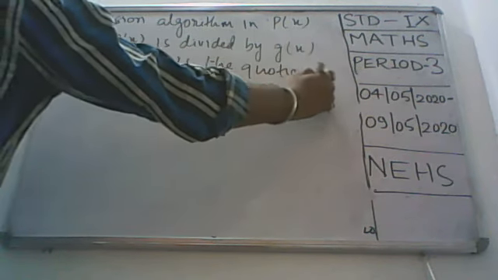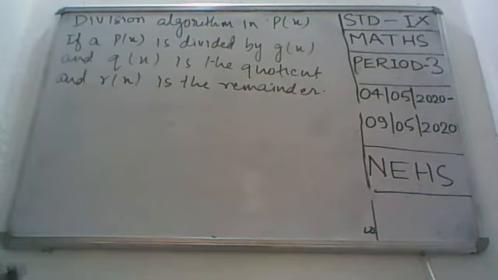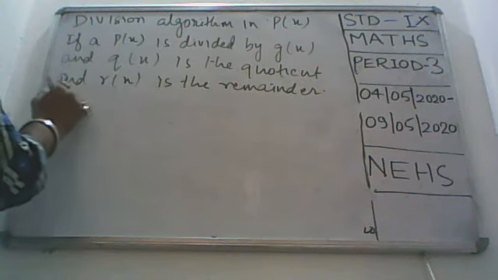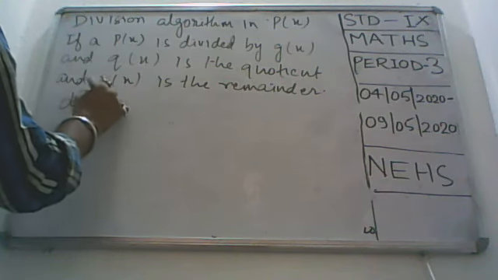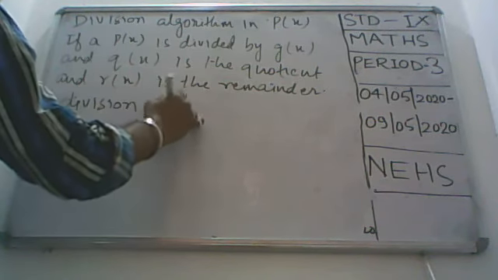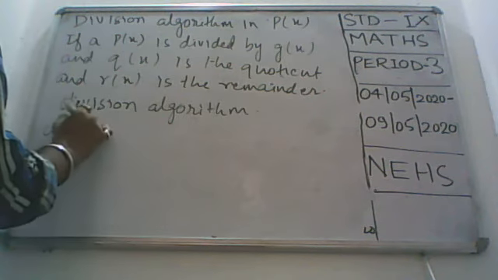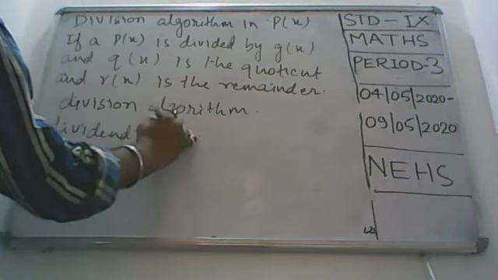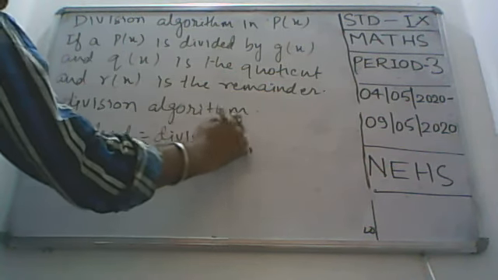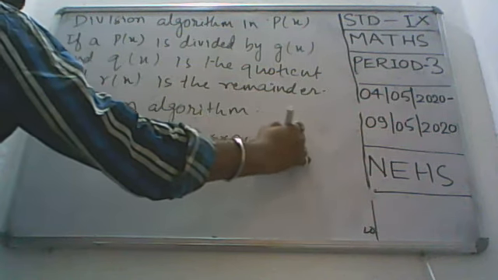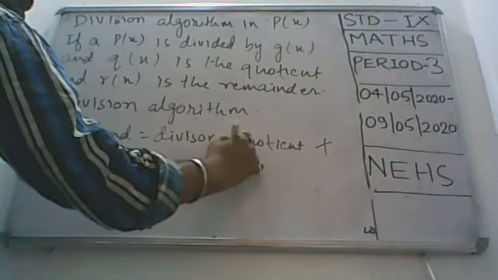Then according to the division algorithm, what is that division algorithm? The division algorithm is that dividend is equal to divisor into quotient plus remainder.